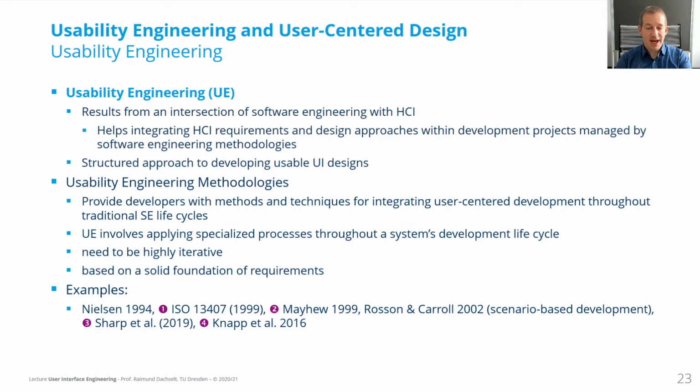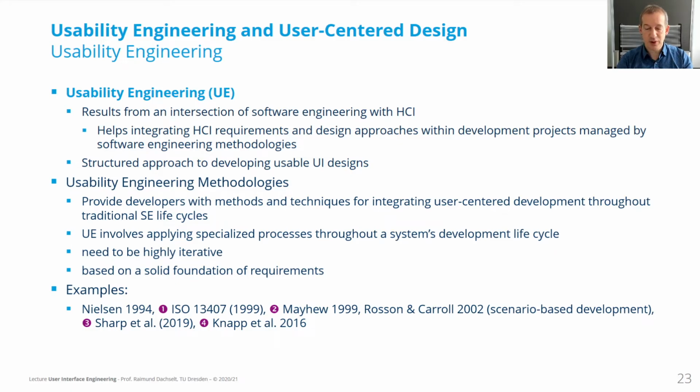Then we have Yvonne Rogers, Helen Sharp and Jenny Preece, sorry for that. The Interaction Design book here, which has already, I think, six editions, so this is just a copy of the 2nd edition as you see here, but they all look a little bit similar. They are of course updated. This is a very, very successful book of these three women, and it's, I think, my most beloved book in human-computer interaction.